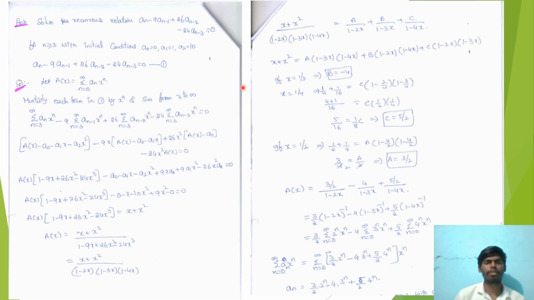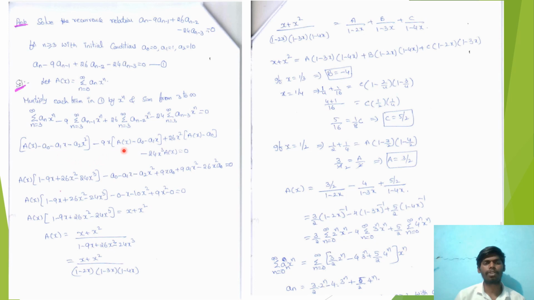Now we have to expand each and every term in this equation, so that we'll get A of x minus a naught minus a1 x minus a2 x square, minus 9x into A of x minus a naught minus a1 x, plus 26x square into A of x minus a naught, and the last term is minus 24x cube into A of x.